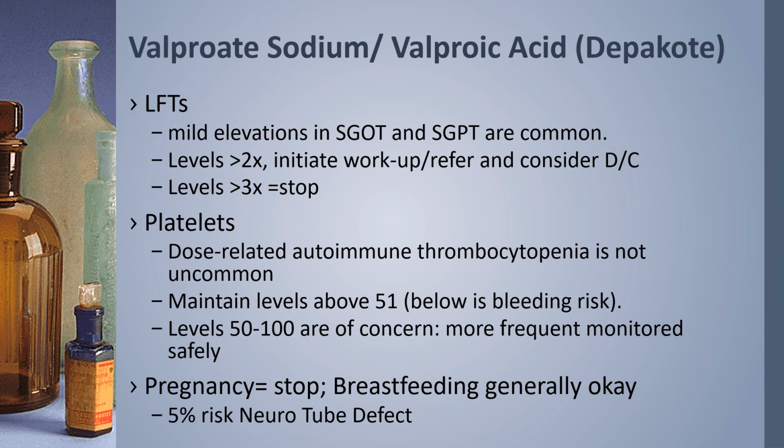Let's just see what else is going on, and refer to a specialist. And then we might also consider stopping the Depakote. That one's a little play by ear, situation by situation, but we at least want to consider the possibility of stopping it. If we see levels triple, then we are stopping it. Probably also need to refer, but for us specifically, we're going to stop it.